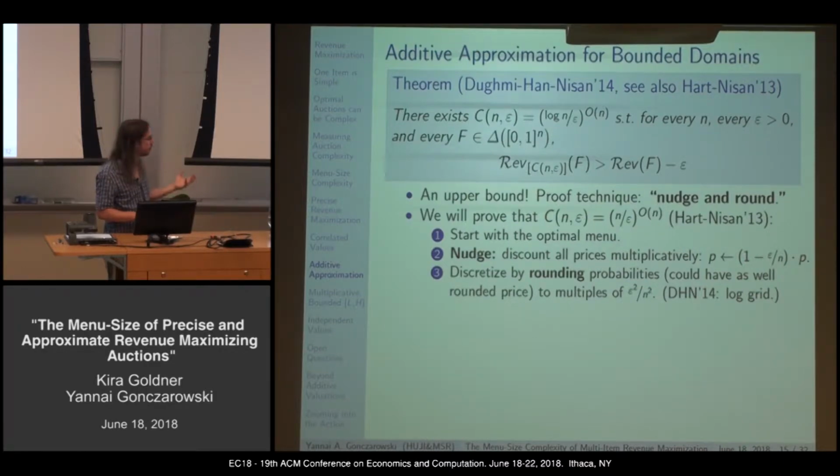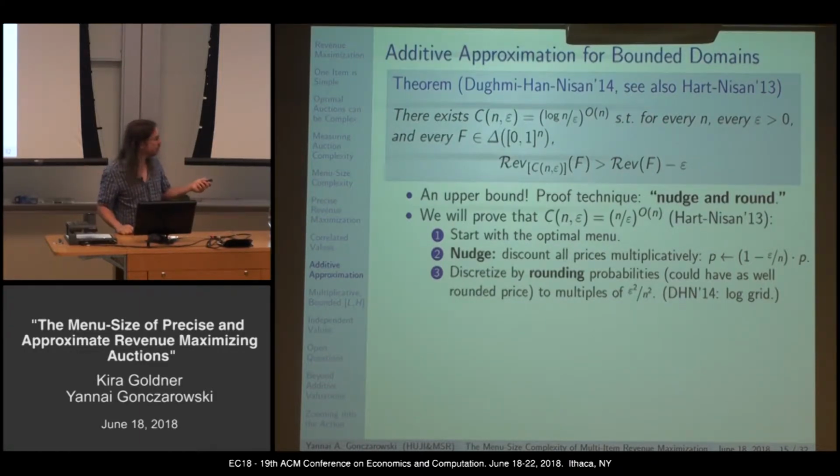Okay, so there's a finite number, epsilon squared over n squared to the power of n, of possible combinations of probabilities. Now, if any of them is priced using more than one price in the rounded menu, it's clear that only the lower price is ever going to be chosen, so you can throw all the other rows with the same probabilities away.